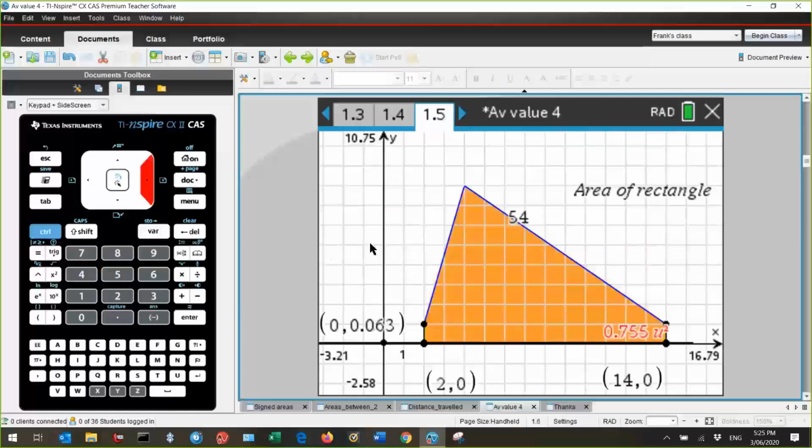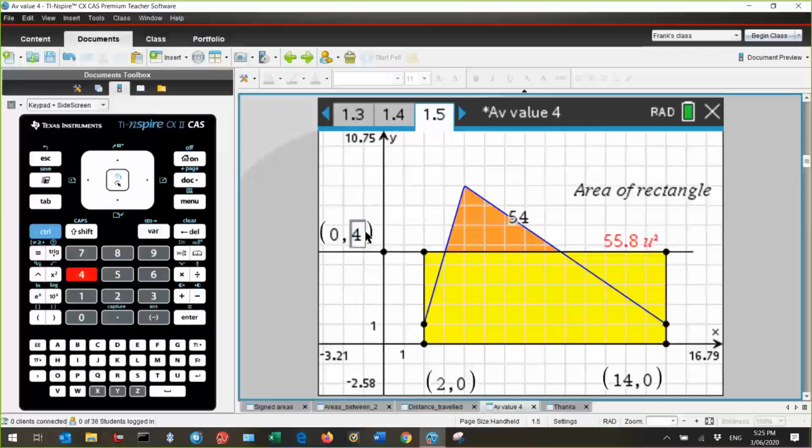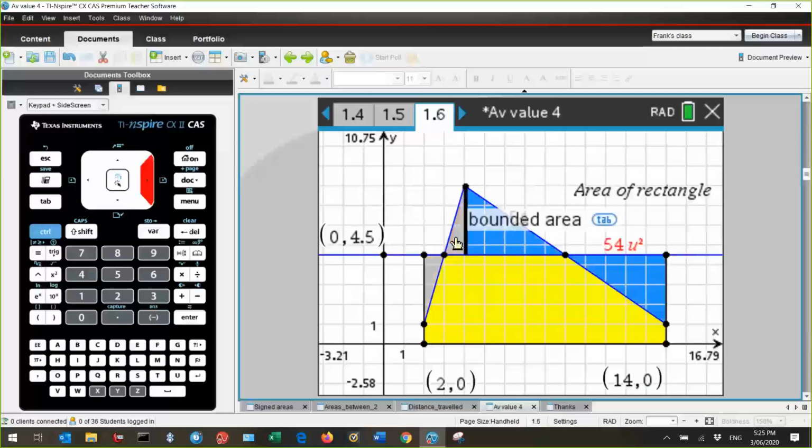I need to have the equivalent 54 in the yellow area. I'll cheat and just type in 4.5. Okay, so that shows that the average value is 4.5, quite obviously. So the two grey areas are equal and the two blue areas are equal. So effectively, I'm turning that function into an equivalent rectangle.